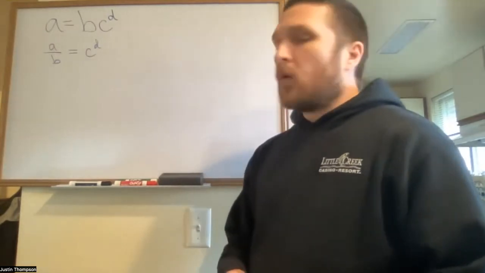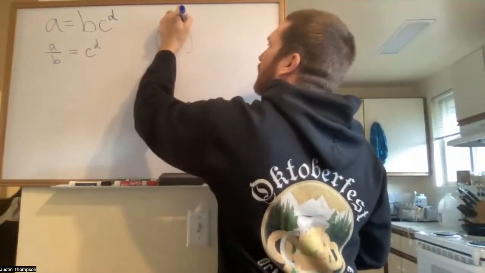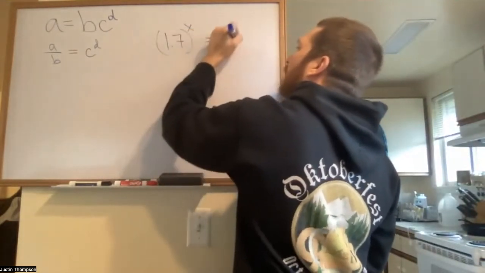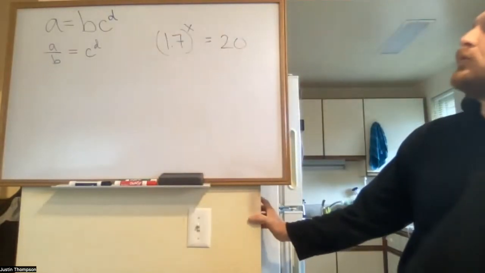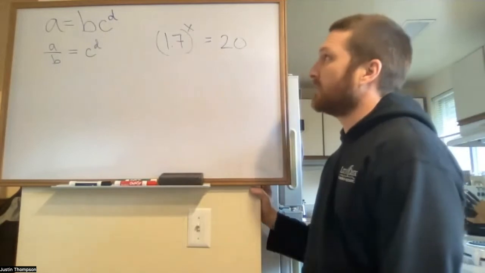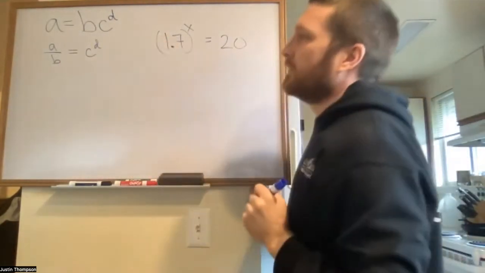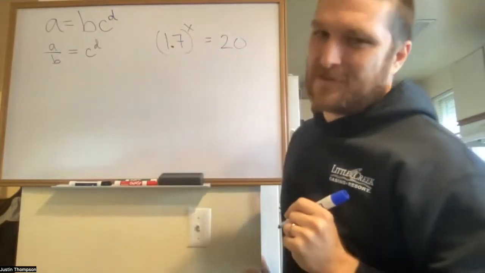So in your homework, you had a question like this, and you were to solve for X. What did you do to both sides? I took the natural log of both sides.